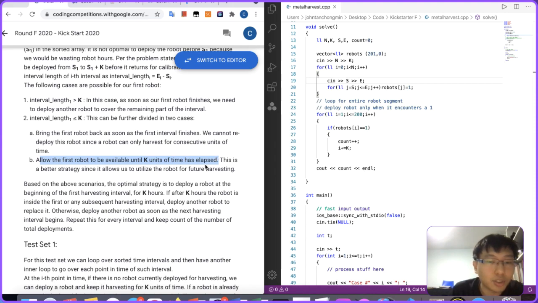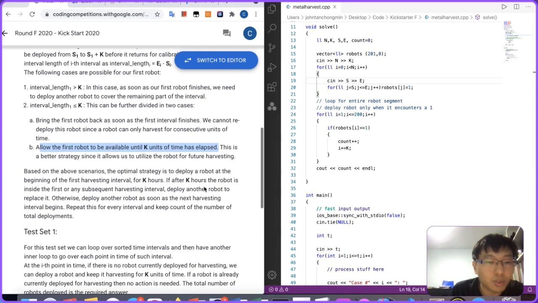This is a better strategy since it allows us to, okay, so deploy the robot at the beginning of the first harvesting interval of k hours. If after k hours robot is inside, then deploy another robot to replace it. Otherwise, deploy another robot as soon as the next harvesting cycle repeats.